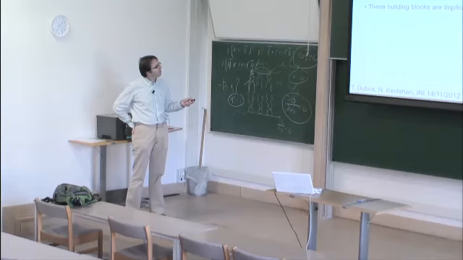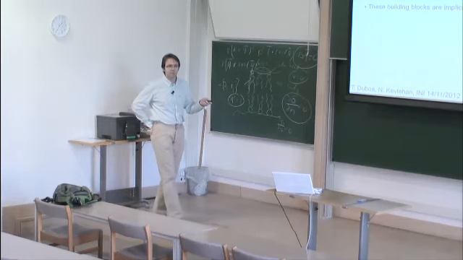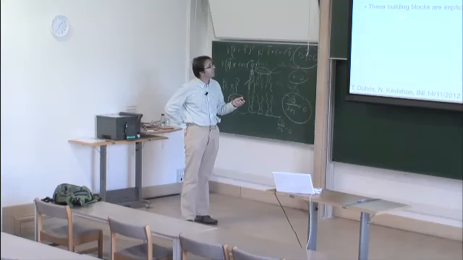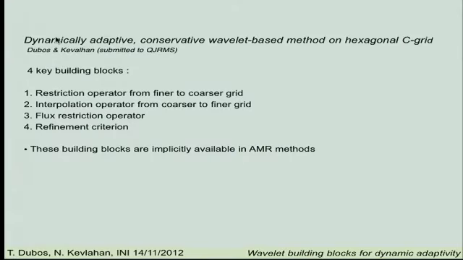And first, before going really to the hexagonal or staggered grid, I'd like to show that these building blocks are at least implicitly available in the classical AMR methods. So I'd like to start from this and explain how you can build analog building blocks in a more complicated situation like this one.